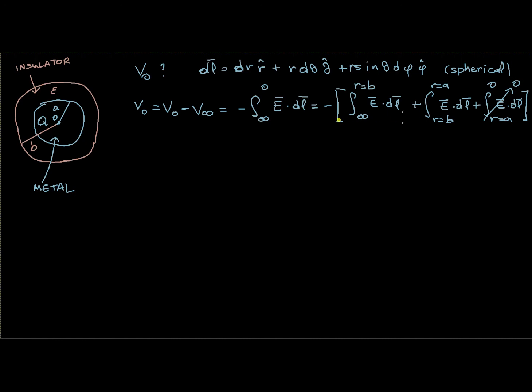I'm going to start from infinity, say here is infinity, and take this path to go to the center. Because I'm following this radial path, my dl vector will only include dr r hat. I'm never going to move in the theta hat or the phi hat direction.